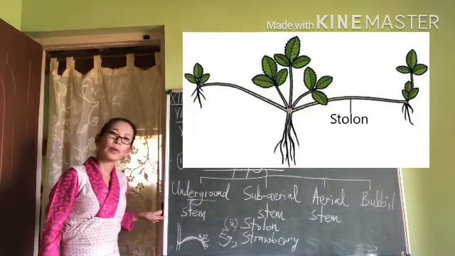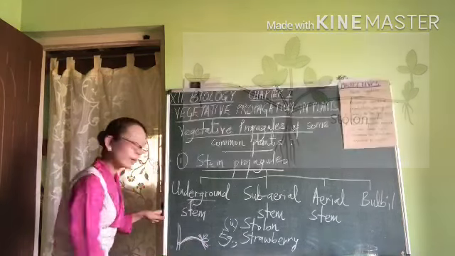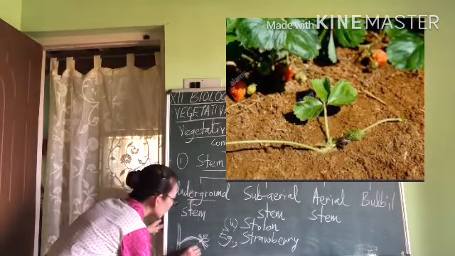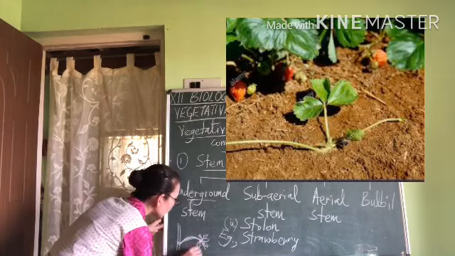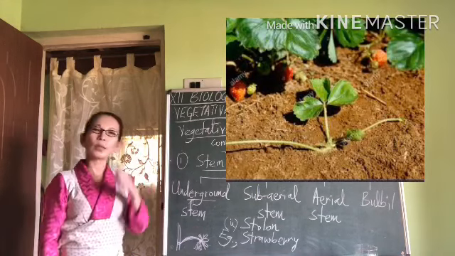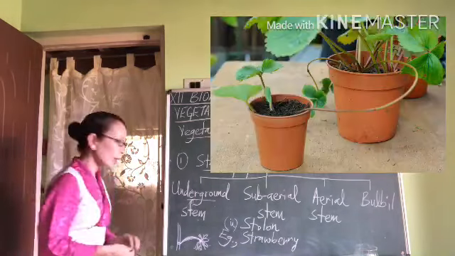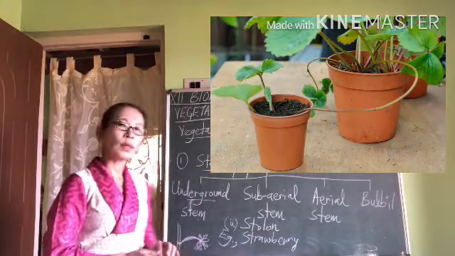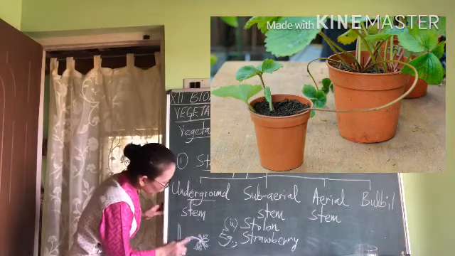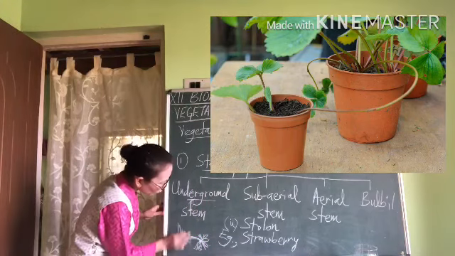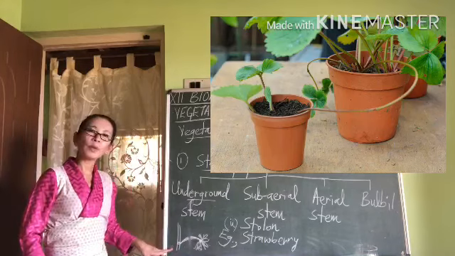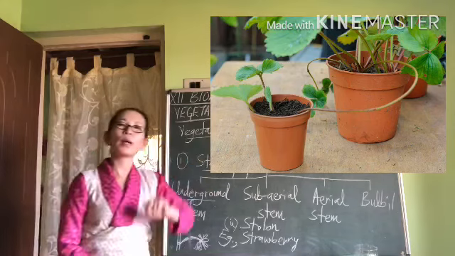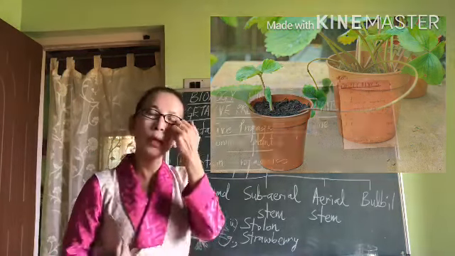And such a bent stem, once it touches the soil, will have adventitious roots coming out from the node, as a result of which these roots can now anchor to the soil or to the ground. And once we have a cut of the stolon from the parent body, this stolon can then grow and become an independent strawberry plant.